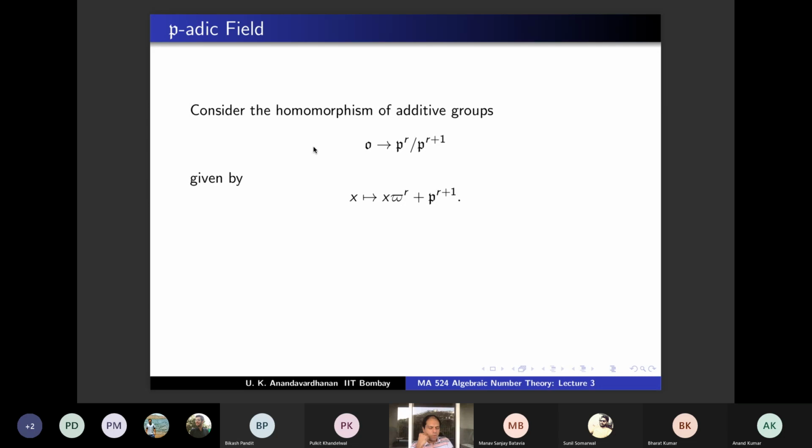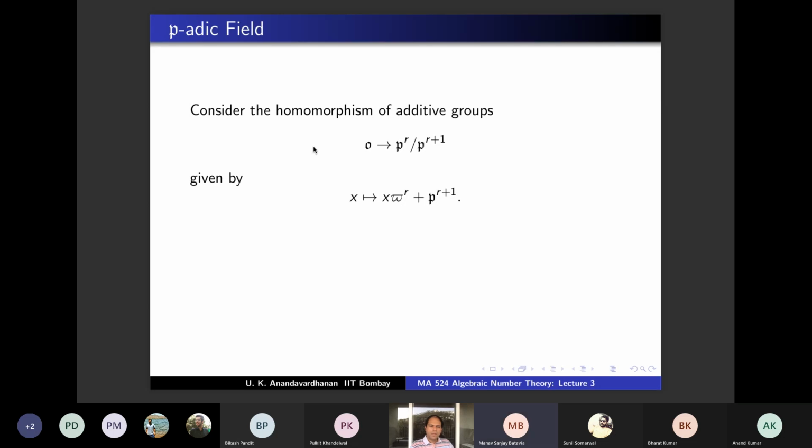What is the kernel of this homomorphism? P power r? No. Sorry, it is p.